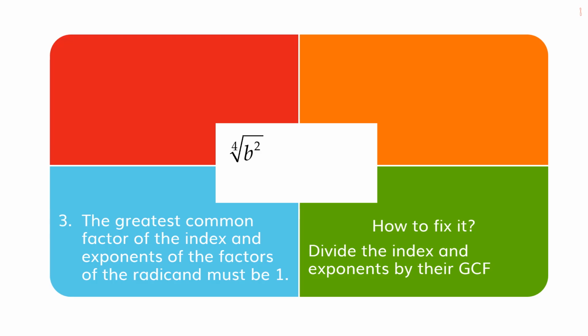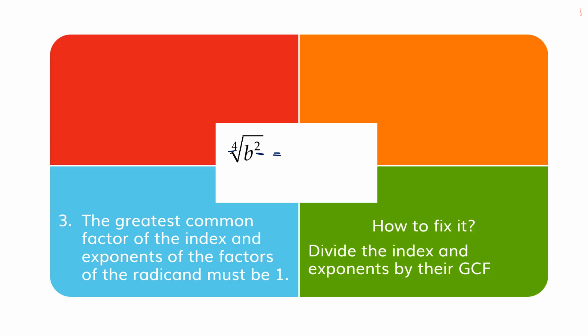For instance, we have this fourth root of b squared. Now, this is not yet in simplest form because the GCF of 4 and 2 is not 1, right? So how do we fix it? We divide the index and their exponents by their GCF.